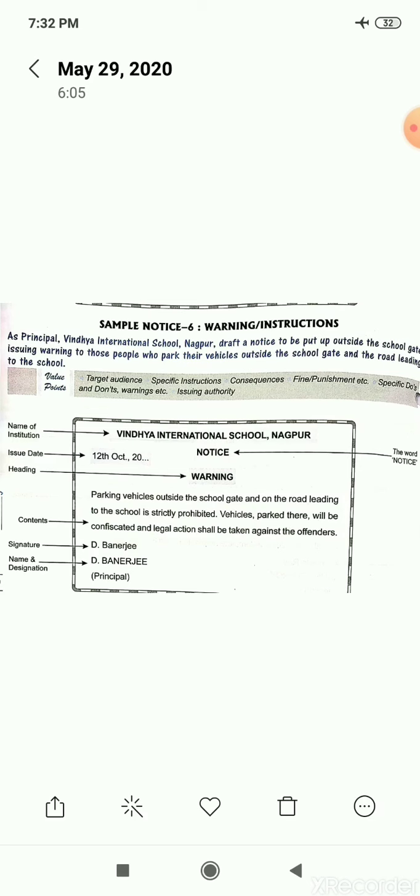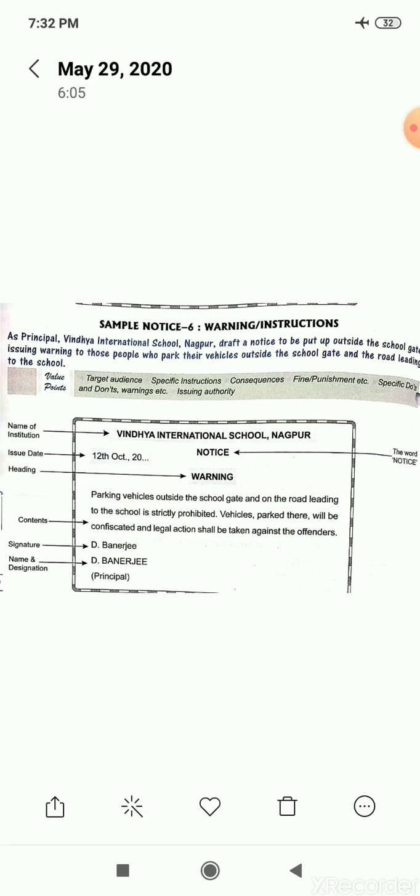See, children, you must understand the context after reading the question itself. Draft a notice to be put up outside the school gate. You know, generally the notices are displayed inside the school campus. So it's of a bit different kind and it has to be put up outside the gate. It means it is for the people who do some unfair activity outside the campus, right?